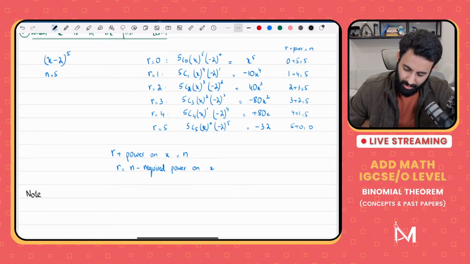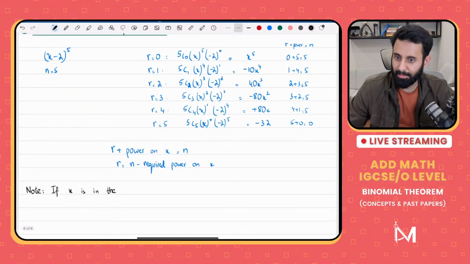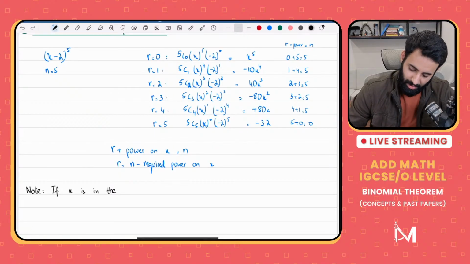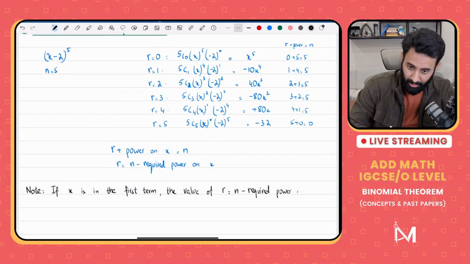The note is that there are some exceptions, which we're also going to cover. If x is in the first term, the value of r equals n minus the required power on x.